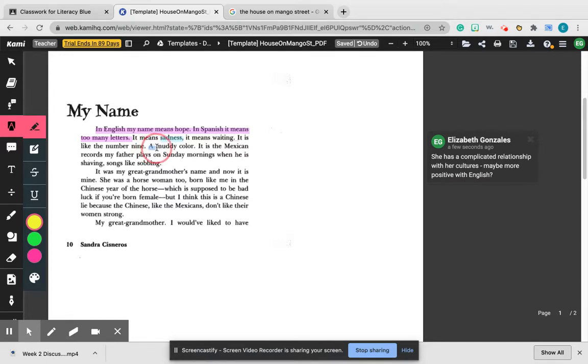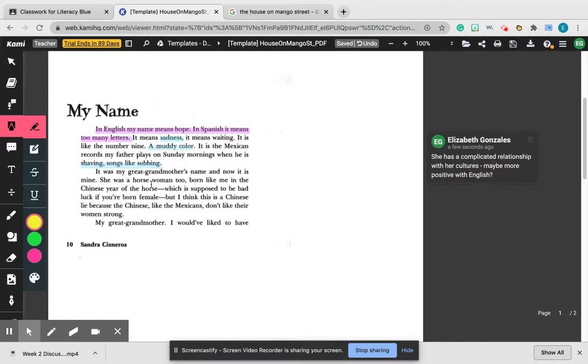A muddy color. Songs like sobbing. So again, we don't need to write anything in our margins. We're just going to mark and note that the tone is kind of sad, right? And we get that from these excerpts and these words.